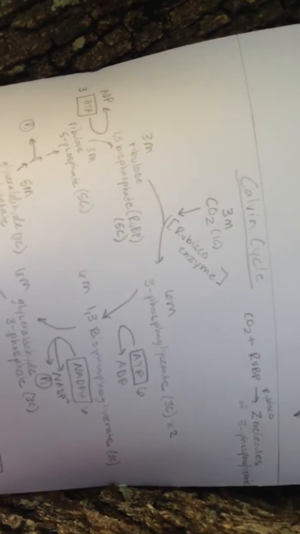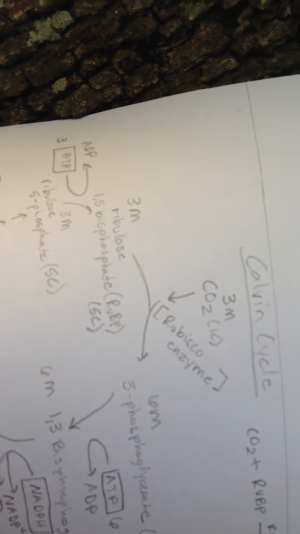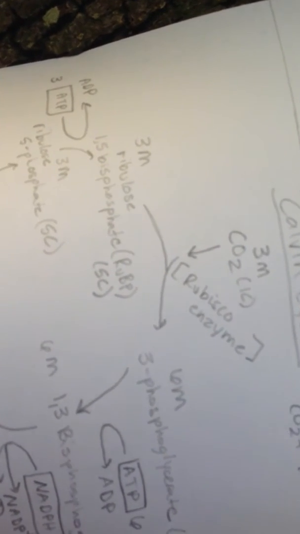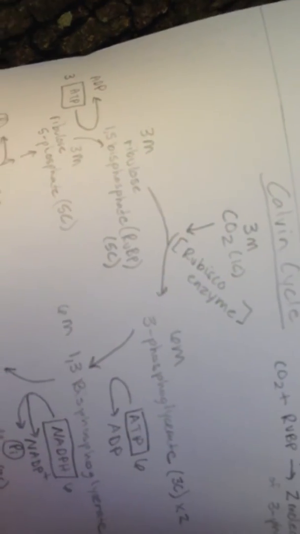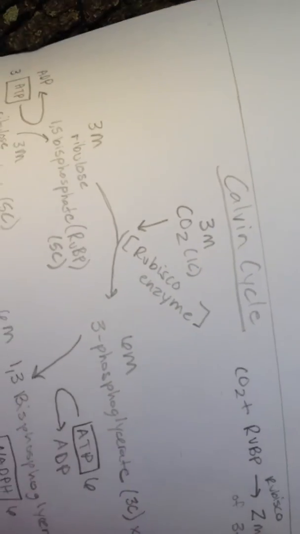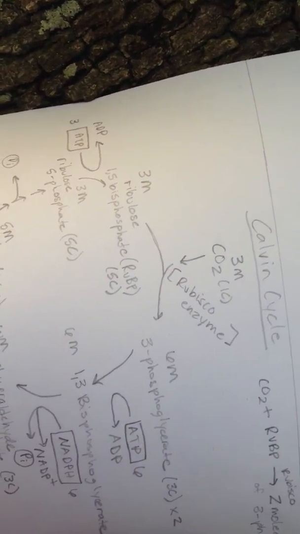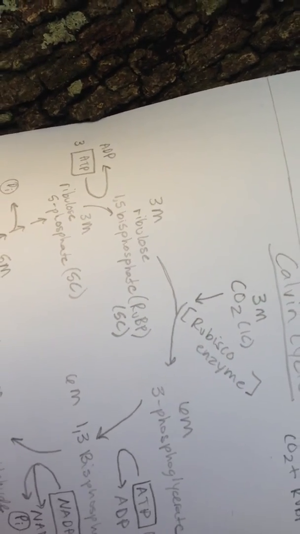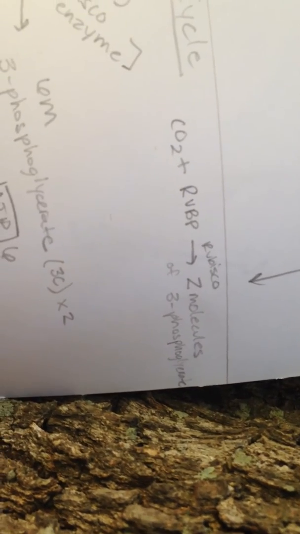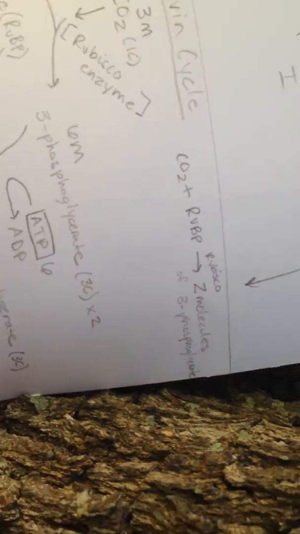Now, how this happens is we take a carbon and add it to something called ribulose 1,5-bisphosphate, abbreviated RuBP. This is added together through an enzyme called Rubisco. What this does is it breaks down this ribulose bisphosphate into 2 molecules of 3-phosphoglycerate. Ooh, that's a tongue twister.